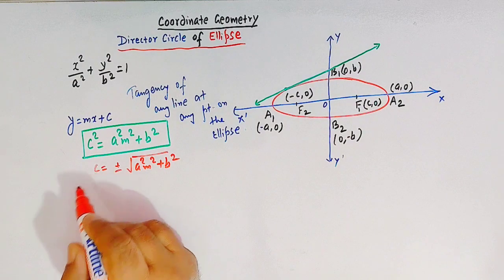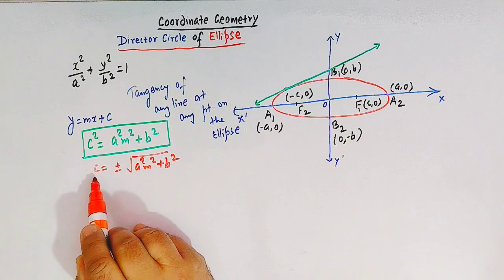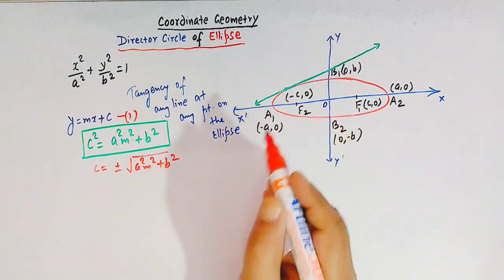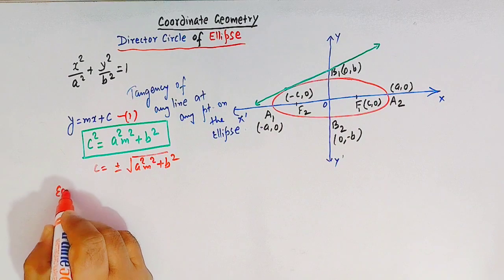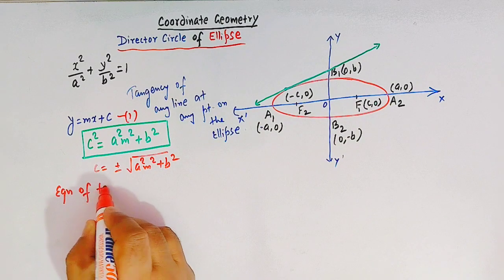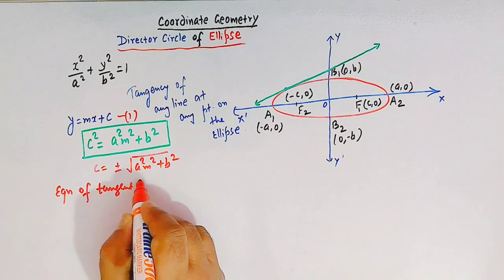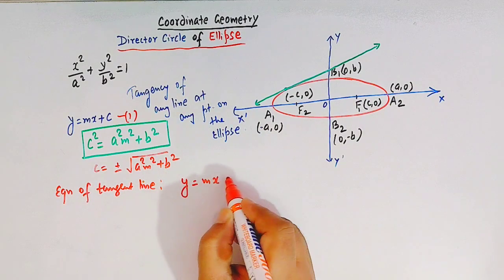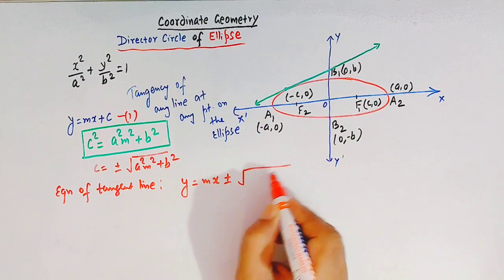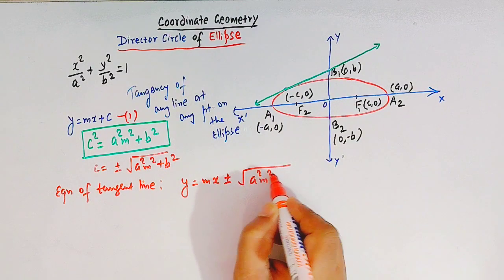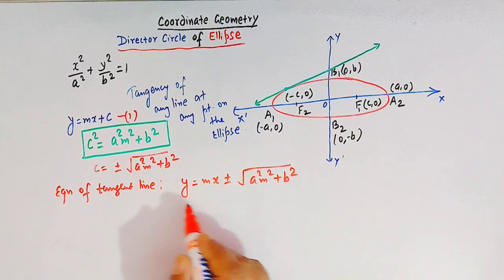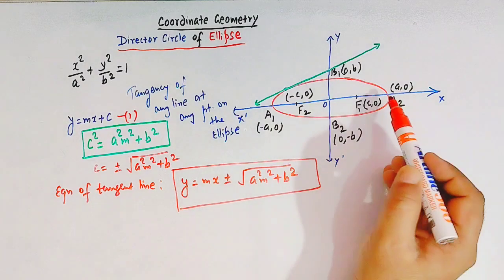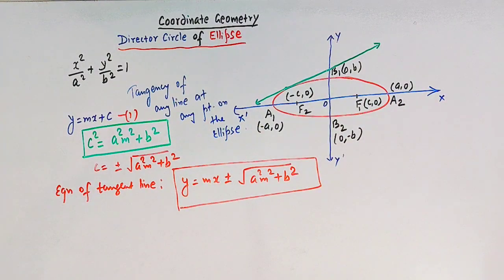Now if we substitute this value of c in this equation, then the equation of the tangent line is given by y is equal to mx plus minus square root of a square m square plus b square.